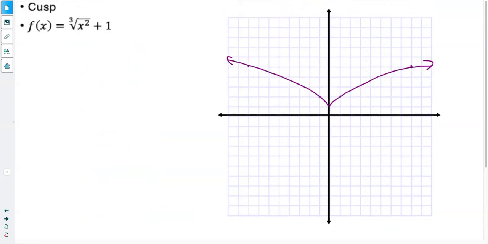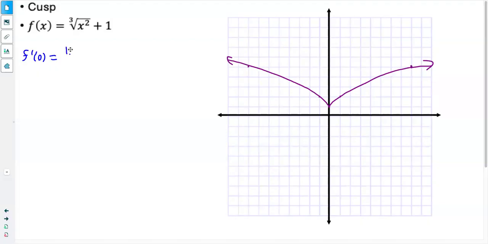Okay, so next we have something known as a cusp. So we can see that we have something continuous. However, it looks like the slope as we're going towards 0 does not match our slope going towards 0 from the other side. So we're going to show that mathematically. We're going to be looking for essentially our slope at an x value of 0.